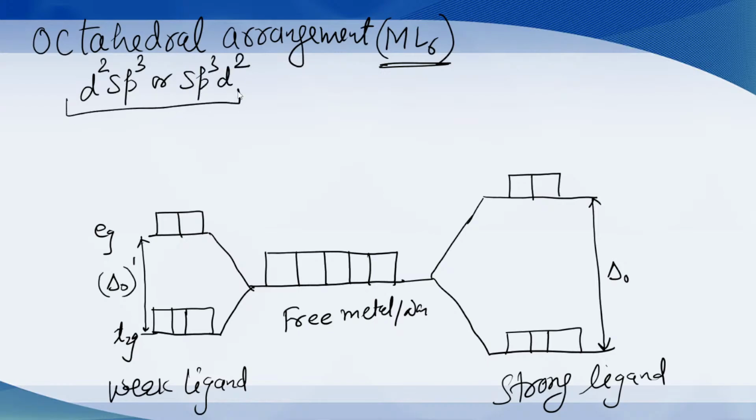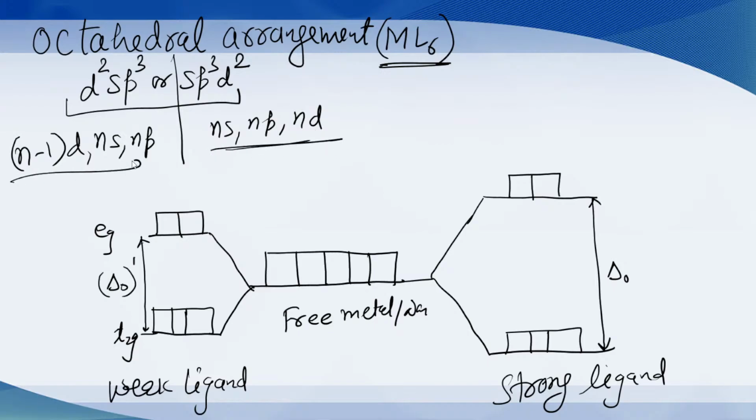These are the two hybridizations. In d2sp3, the d orbitals come before s and p, so it uses (n-1)d, ns and np, and in sp3d2 it is ns, np, nd. These are the orbitals used.